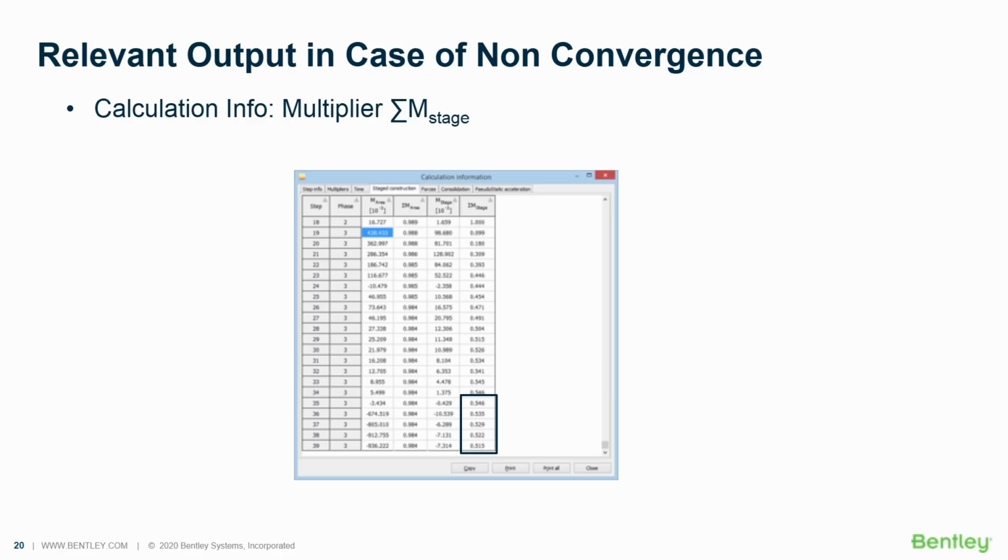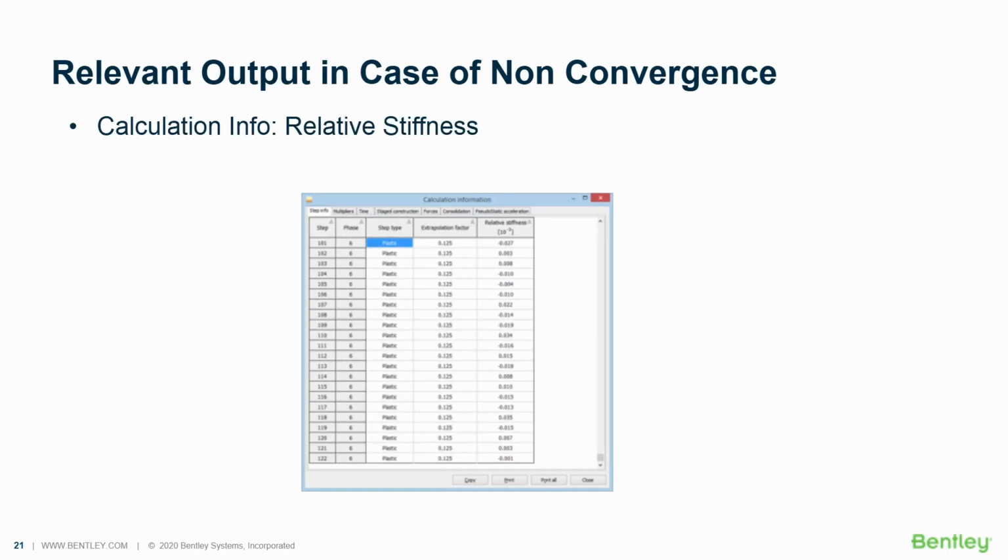You could also take a look at the summ stage. You could also look at the history of the summ stage in output, under calculation information. So usually this is how you will start pinpointing a situation where the summ stage is not moving forward, or sometimes even goes downward, reducing as a result of the arc length control. I will also come to that later. As well as the relative stiffness, which I also mentioned, could be something relevant to focus on during the calculation.